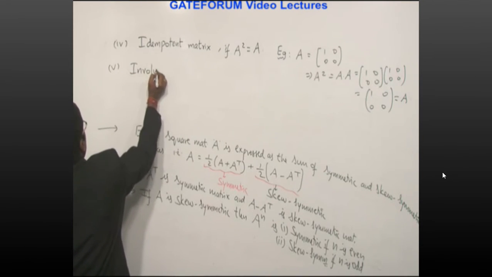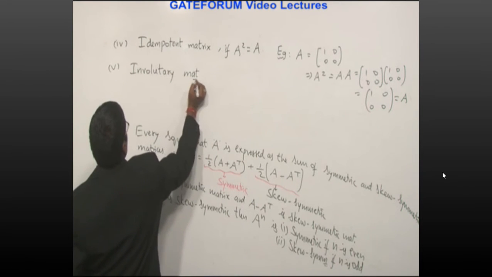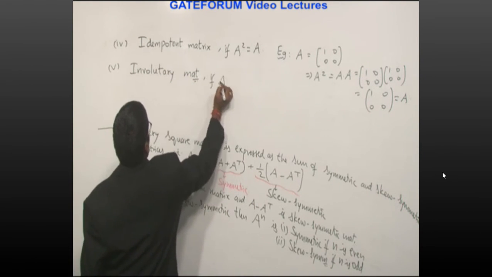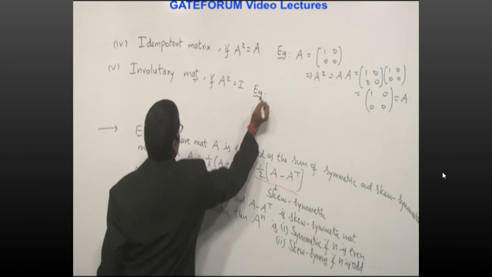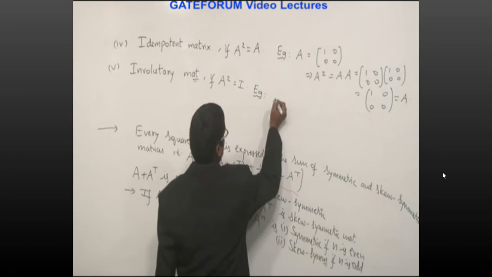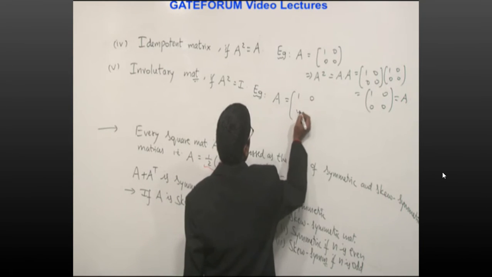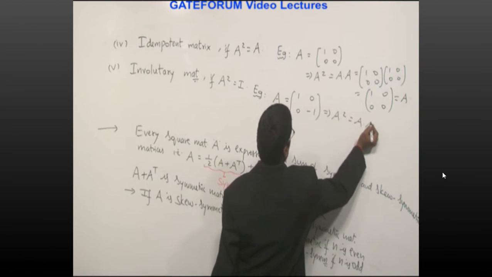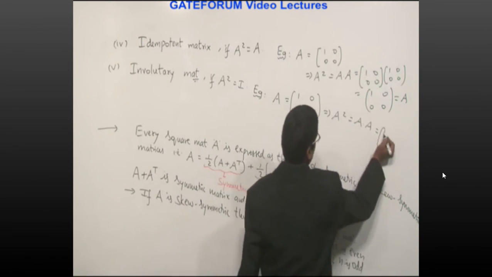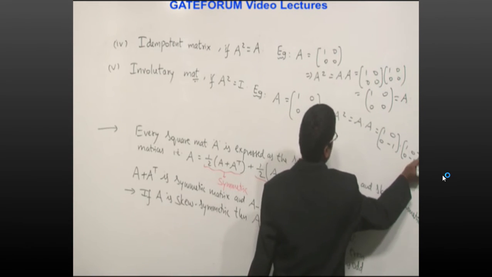Okay. Next, 5th one is involutory matrix. If A square is equal to I. Example, A is equal to 1, 0, 0, minus 1. From this, A square is equal to A into A is equal to 1, 0, 0, minus 1 multiplied by 1, 0, 0, minus 1.